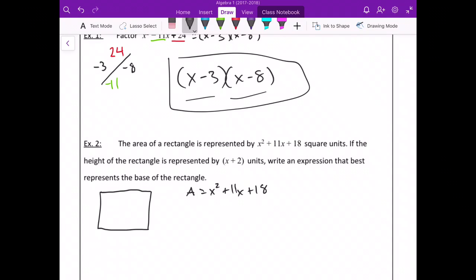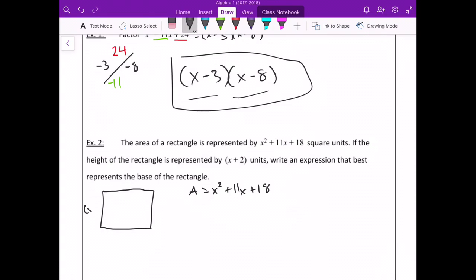All right, but we also know that the height, let's say the height here, is represented by x plus 2. If I want to grab the area, wouldn't it be the height times the base? Right here, this is your height, this is your base, right? What is this going to be?